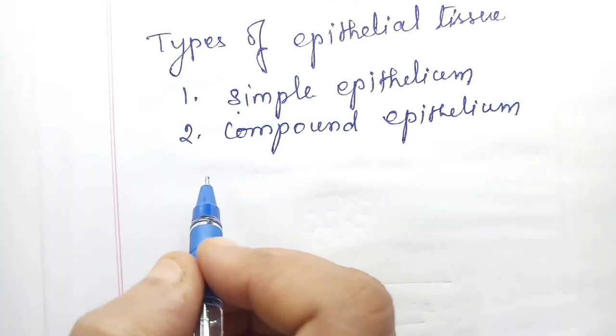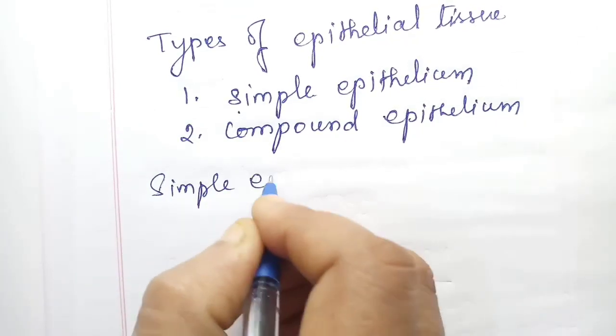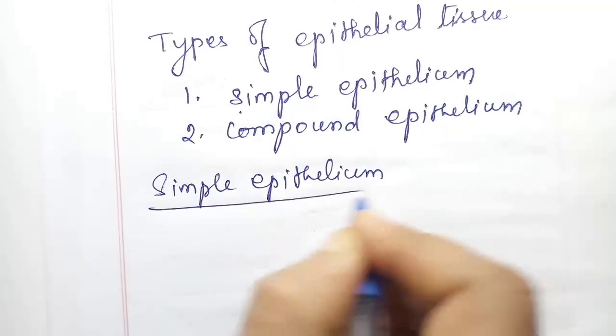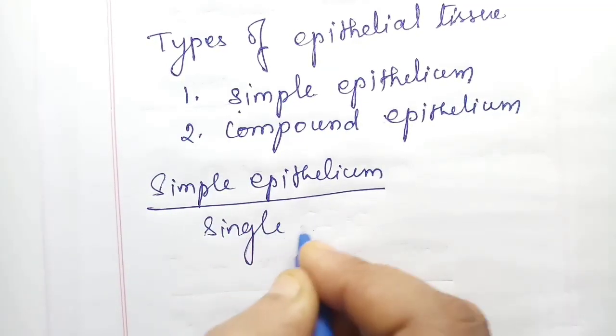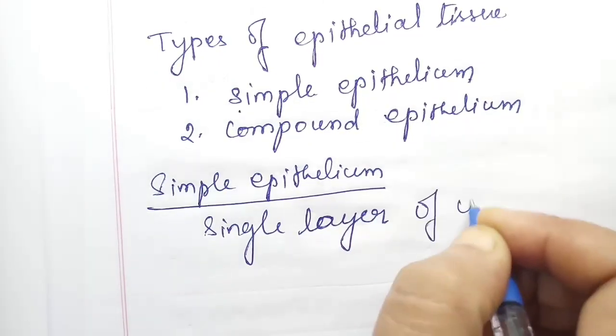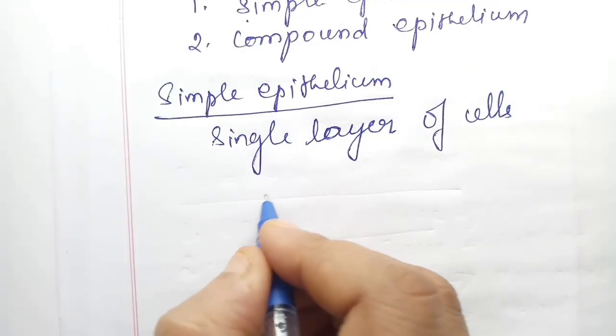The simple epithelium is composed of a single layer of cells. Only one layer of cells will be there, like this.